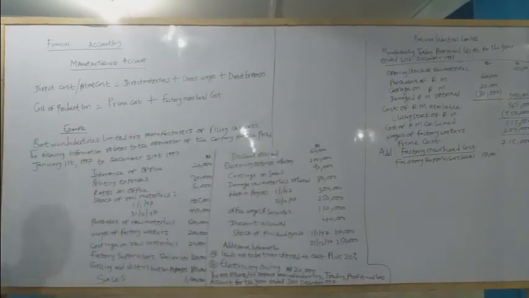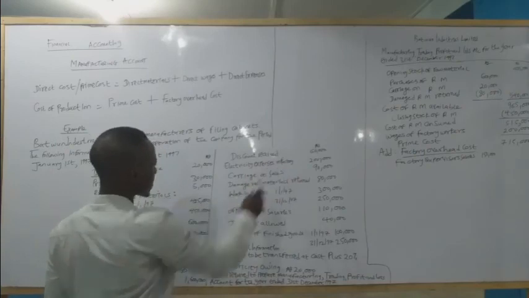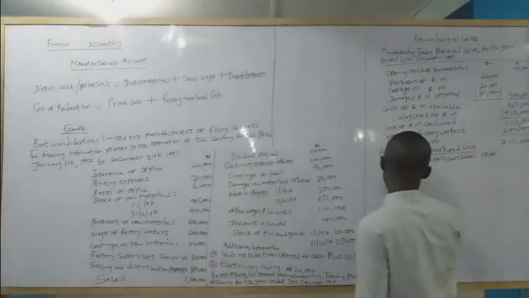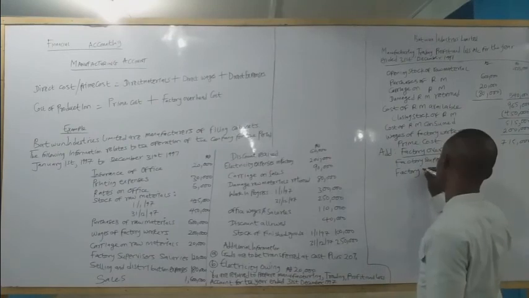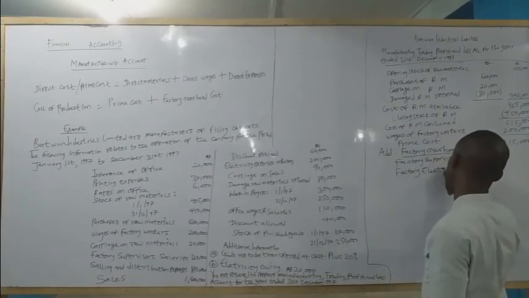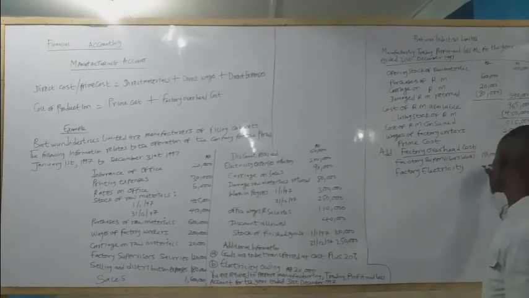What else? Electricity expenses on factory. Factory electricity. How much? 200,000.